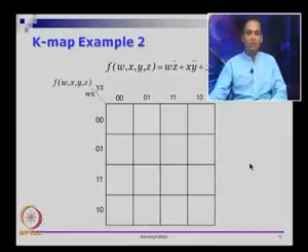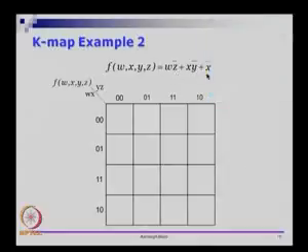Let us look at another example here. WZ bar plus XY bar plus X bar. Let us say that is the thing that we want to capture. So now let us see what the cells are that correspond to WZ bar. We want W to be on and Z to be off, which means we have to look at the rows where W is on. These are the 2 rows where W is on.